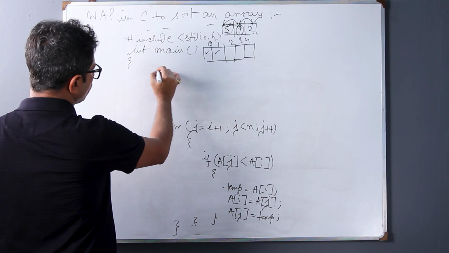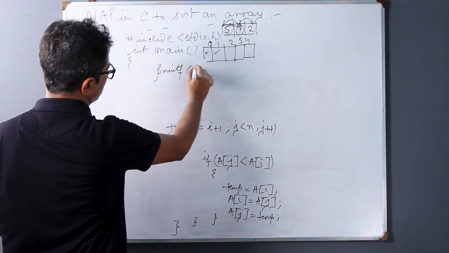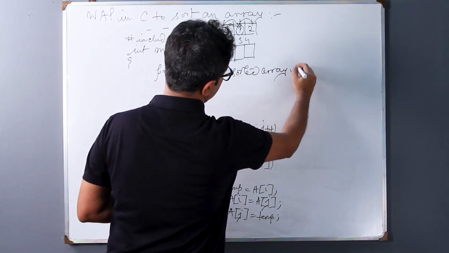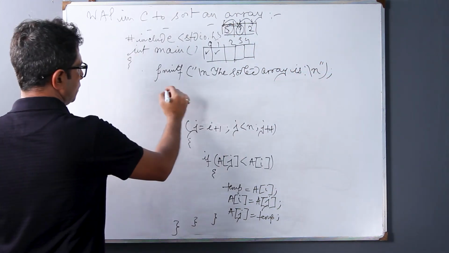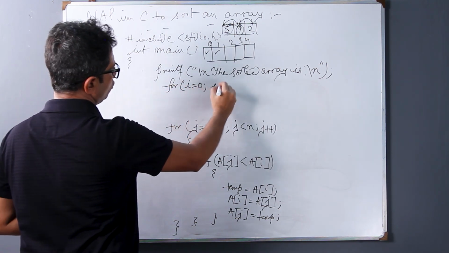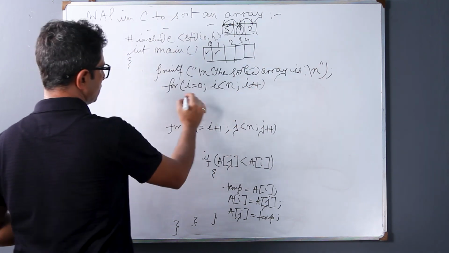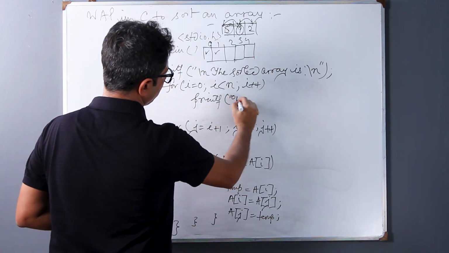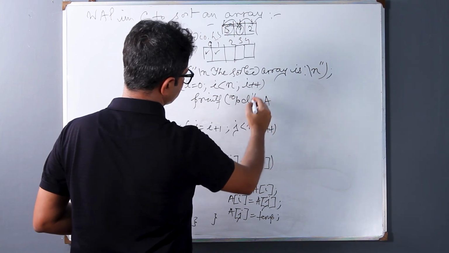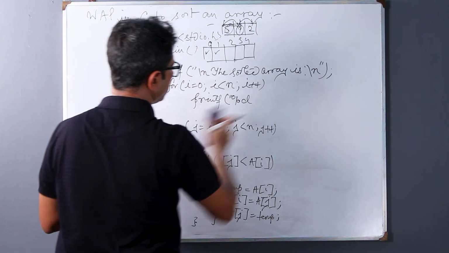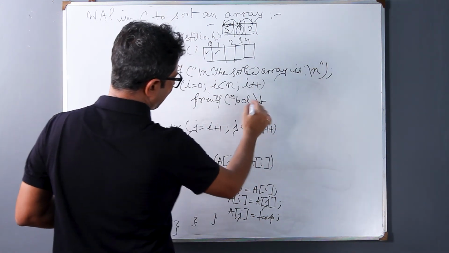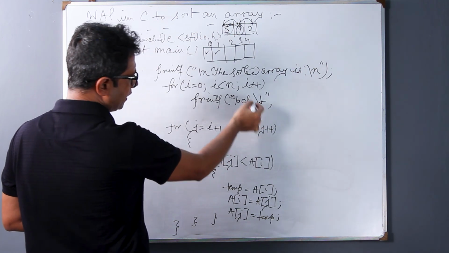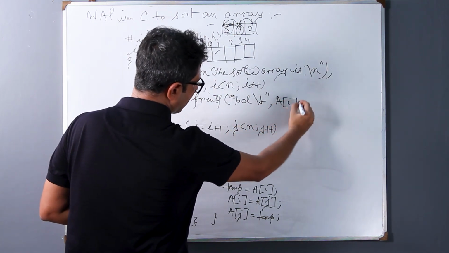Now, we are going to write like this: printf("the sorted array is\n"); for i is equal to 0, i less than n, i plus plus, printf %d, let me give a tab so that it appears in a good way, \t, which is the escape sequence to keep a space between the numbers when I am going to print the sorted array, %d \t, what I am going to print ai, and all the ai's are now sorted.